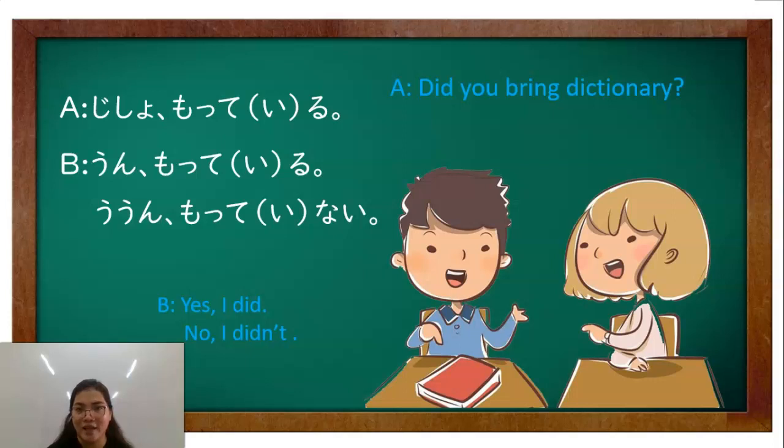Okay, so as you can see, nawawala na or hindi na gaanong sinasabi si e in this part in a conversation using the plain style. Okay? But you can also say it like jisho motte iru. Motte inai. Okay? But in the usual plain style, this e is usually omitted.